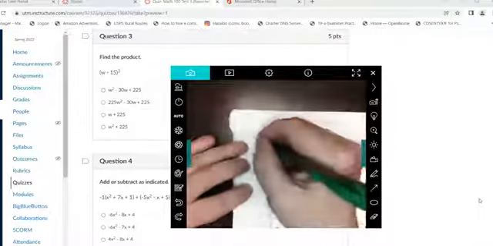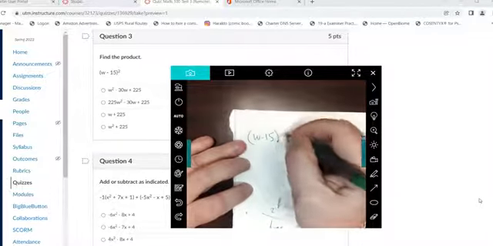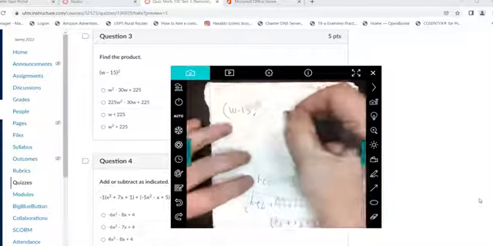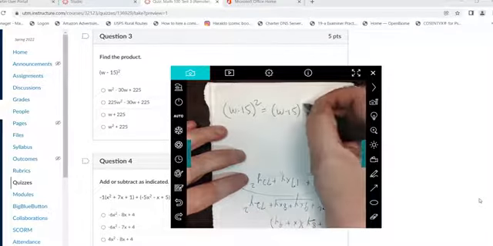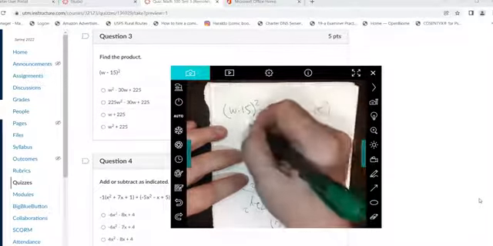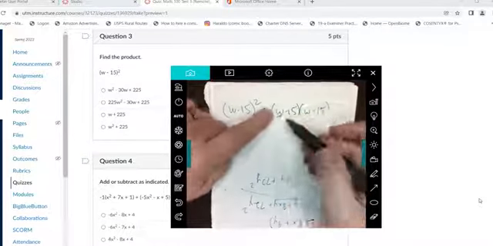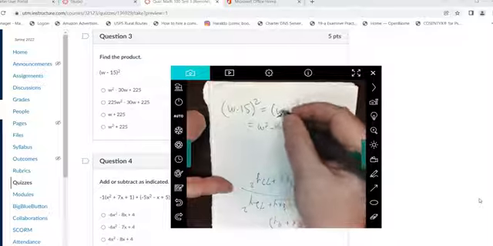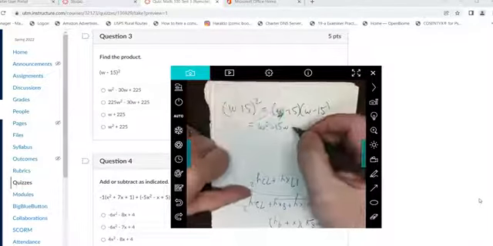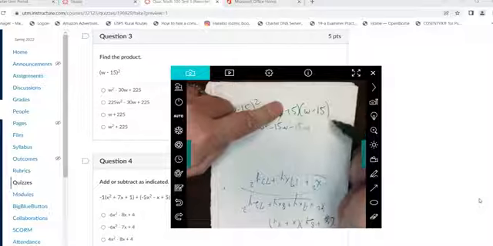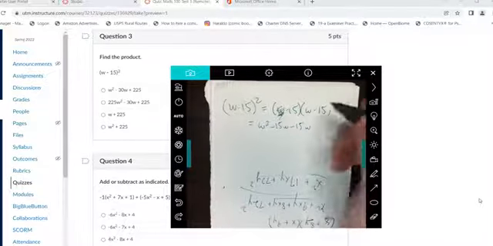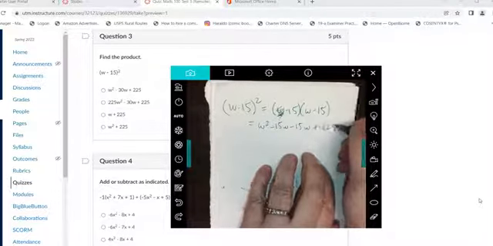Well, we want w minus 15 squared, which is not w squared minus 15 squared. It's w minus 15 times w minus 15. So again, I'm going to FOIL. So w squared minus 15w, then minus 15w again, then negative 15 times negative 15, which is going to be positive 15 squared, which is going to be plus 225.